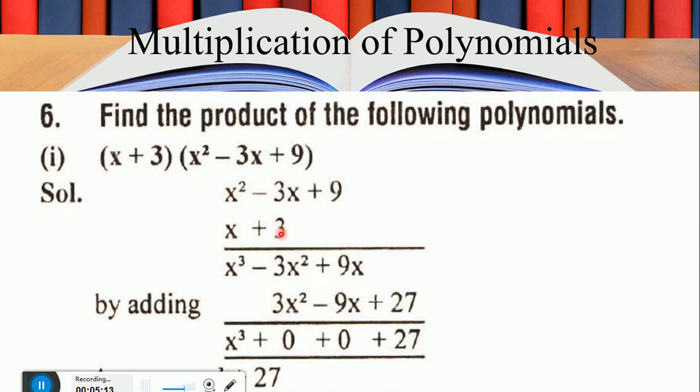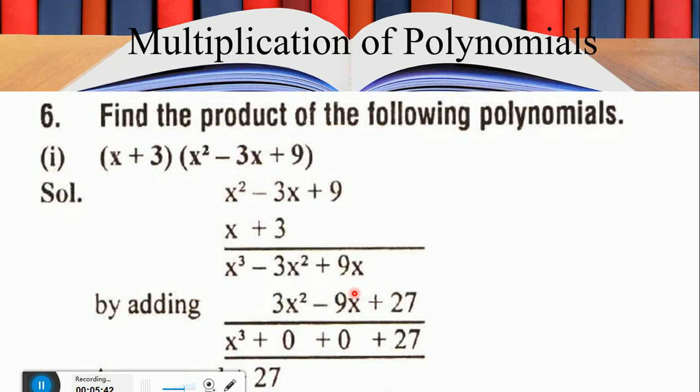Now we will multiply 3 with minus 3x. Plus into minus in a multiplication is equal to minus. So first place a minus, and 3 threes are 9, x remains as it is. So minus 9x. We will write the x term exactly below the x term.